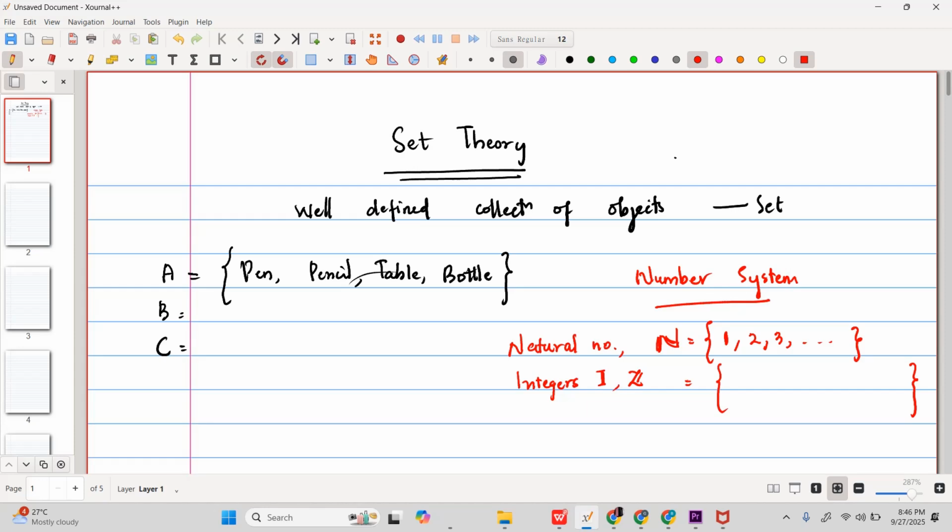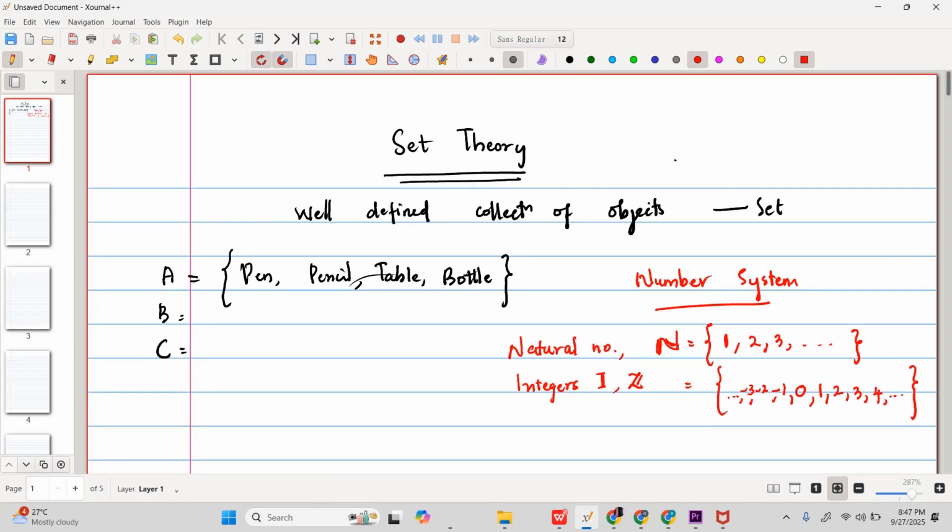The entire natural number system belongs to the integers. That means we have 1, 2, 3, 4, etc., and we are including 0 here, and the negatives of the natural numbers, which are minus 1, minus 2, minus 3, etc., up to negative infinity.